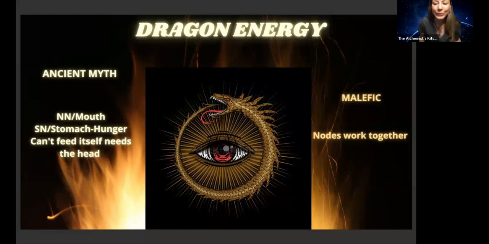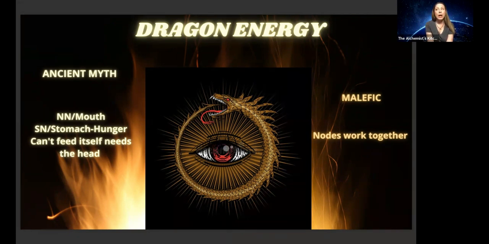Okay, so let's get a little bit into the myth, which is really going to help us understand the nodes a little bit more. Like I said before, the nodes are dragon energy. They're really intense. In Vedic astrology and in ancient astrology, they are actually considered malefic. They're not benefic.